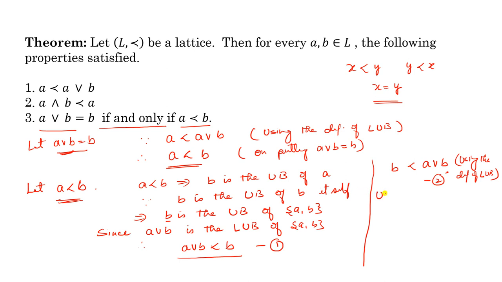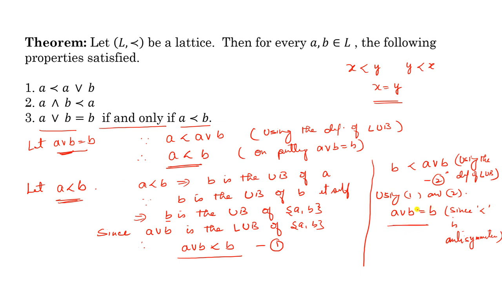Now using 1 and 2, since the relation is antisymmetric, we will get A ∨ B = B, since the relation is antisymmetric.